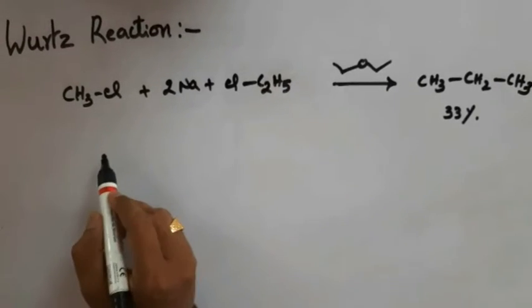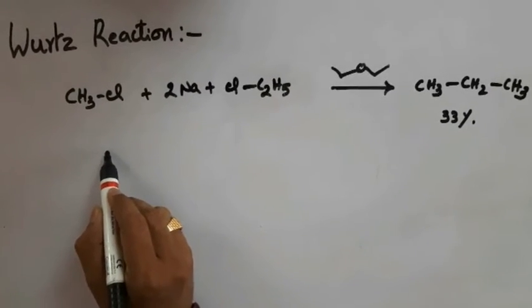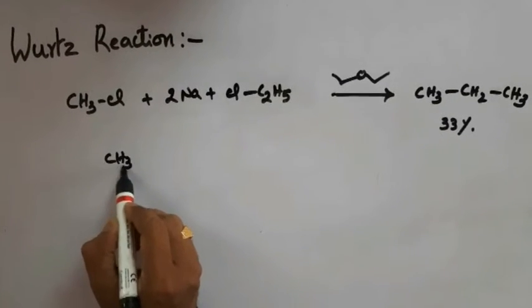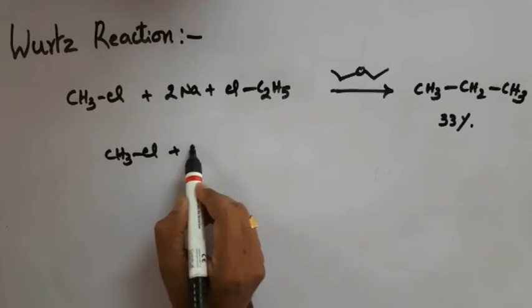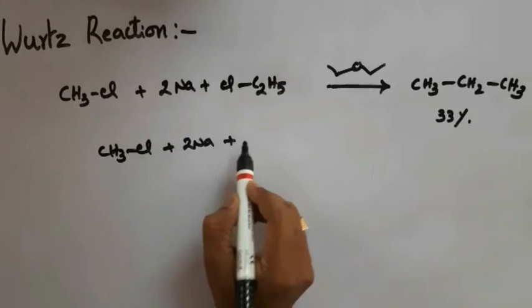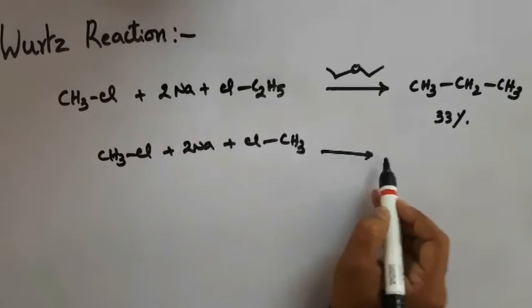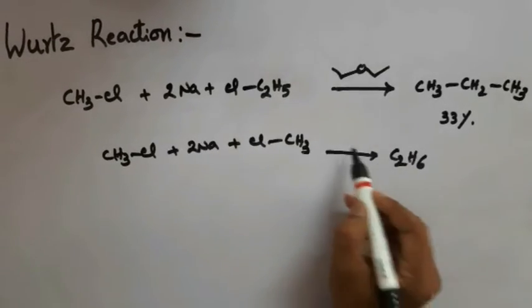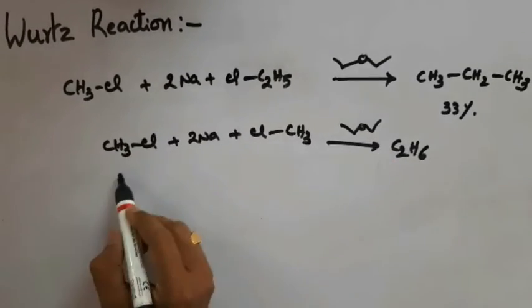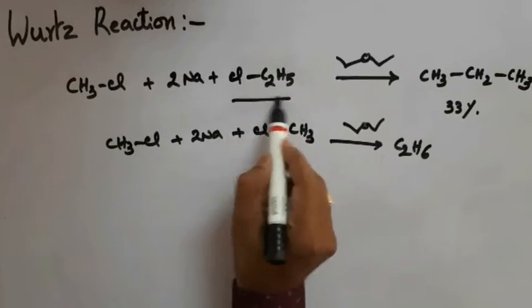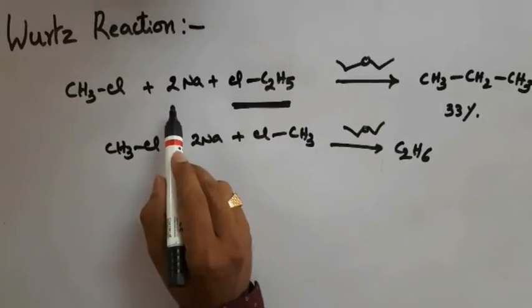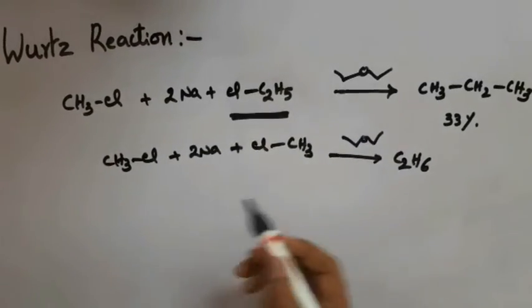As a result, I will be expecting side reactions like this. 2 methyl chloride molecules may react with each other to form ethane, C2H6. Similarly, 2 ethyl chloride molecules may also react with sodium metal to form butane.